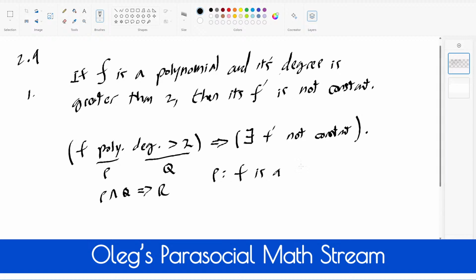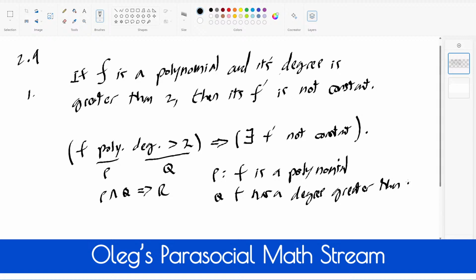P is f is a polynomial, Q is f has a degree greater than 2, and R, the derivative of f is not constant.